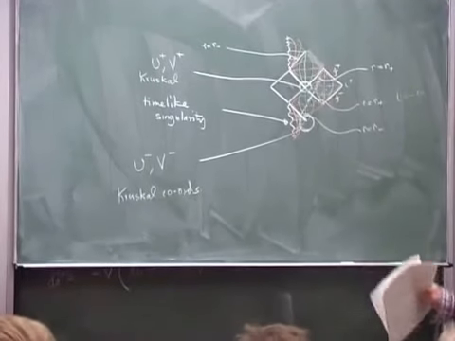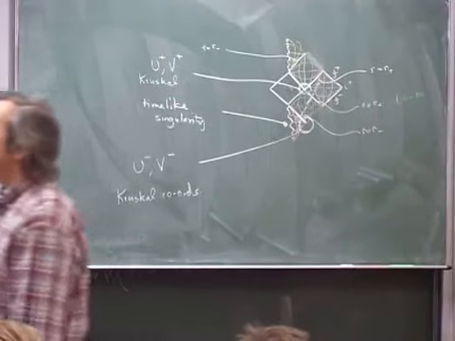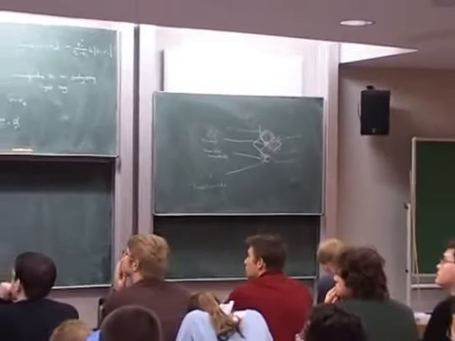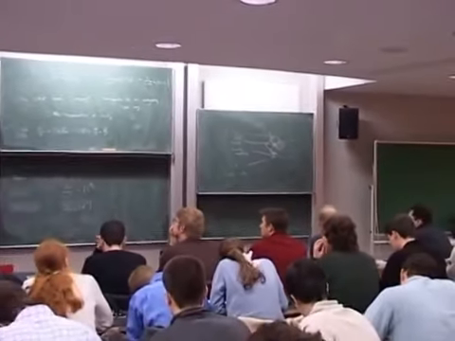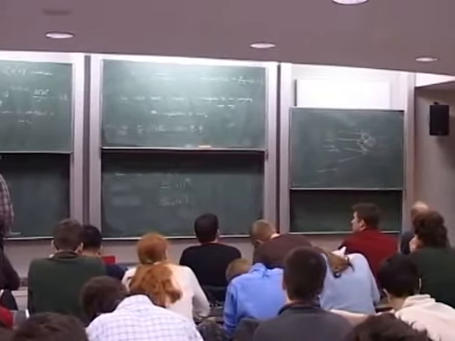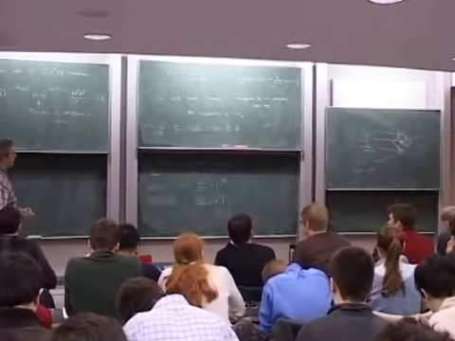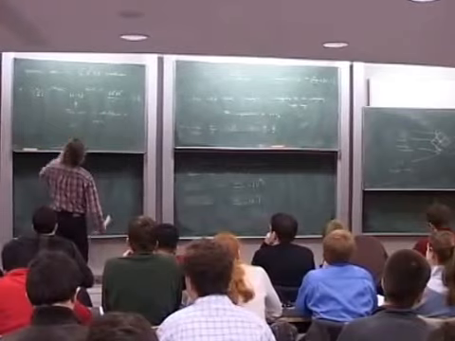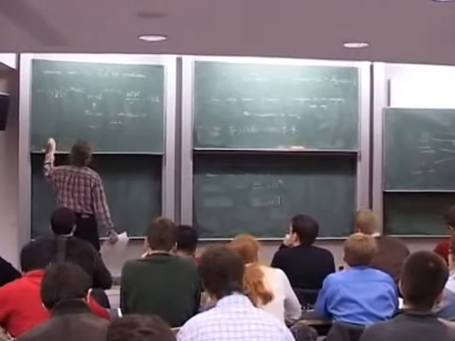It's almost exactly the same as you did over here for u plus and v plus. And in fact, all you have to do is to change a few signs. So you can define a u minus and a v minus.